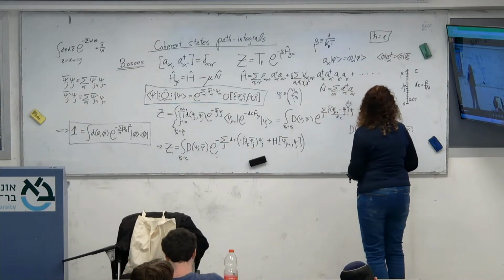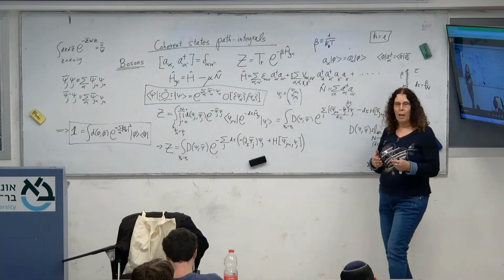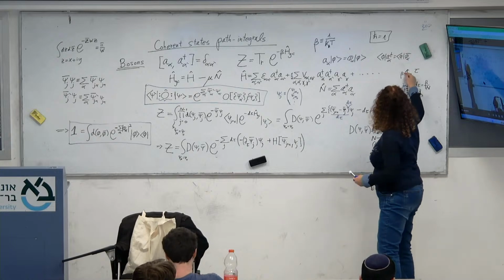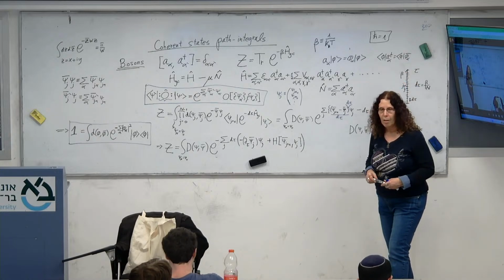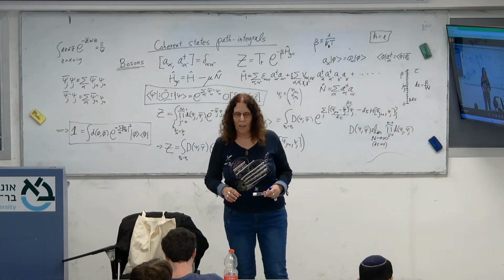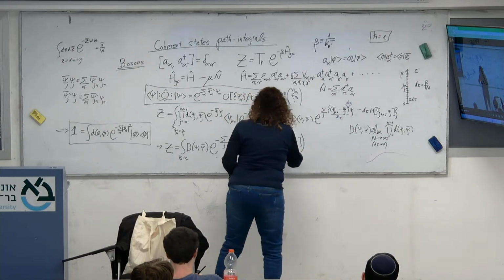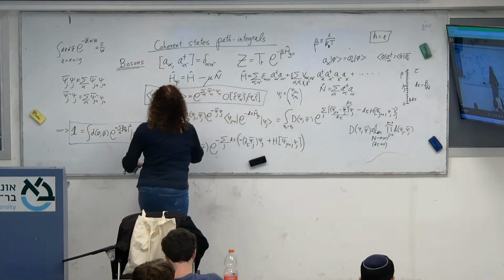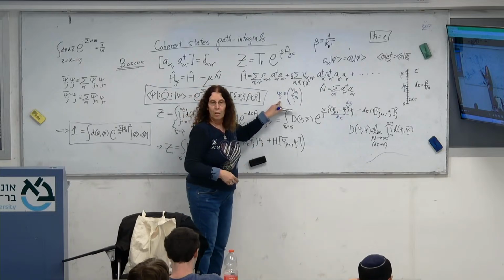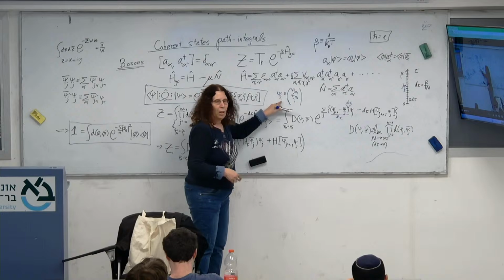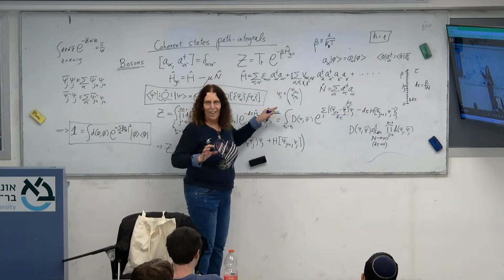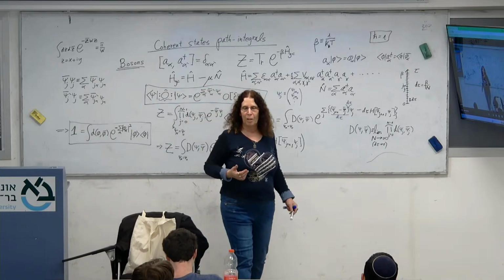I'm going to change psi j into psi of tau, a continuous function of the imaginary time axis. Tau is not yet there. Tau will be the continuum limit of this j.